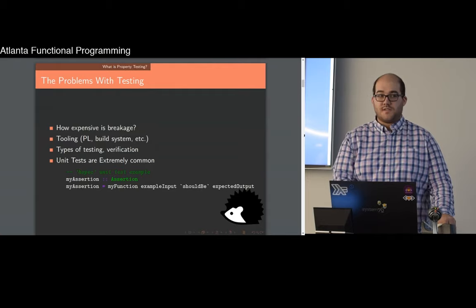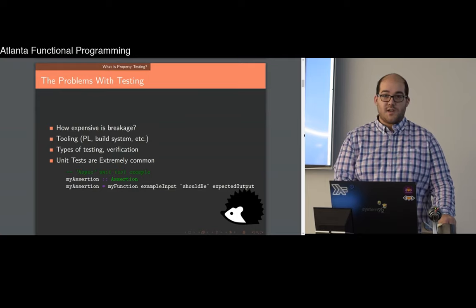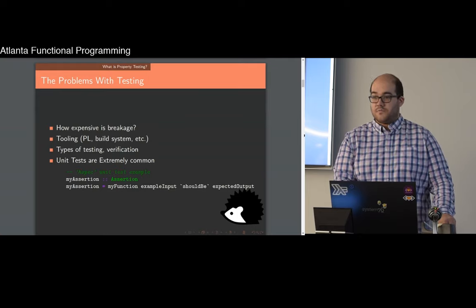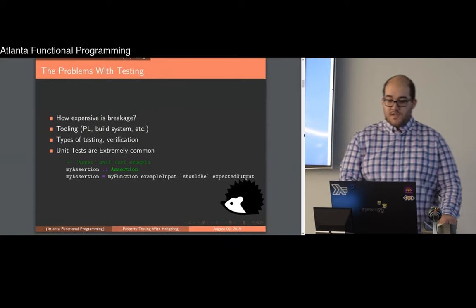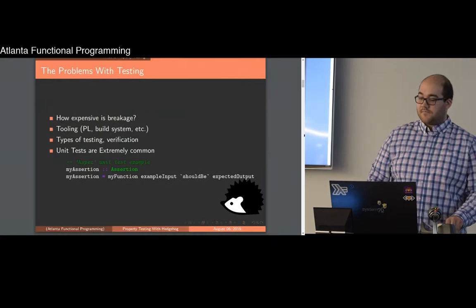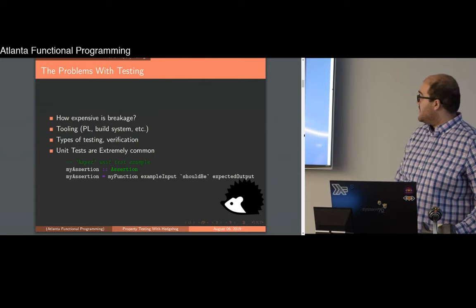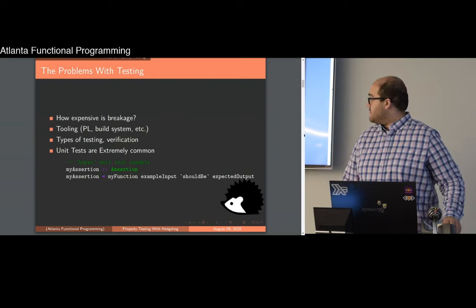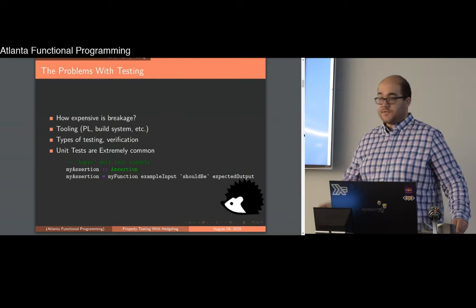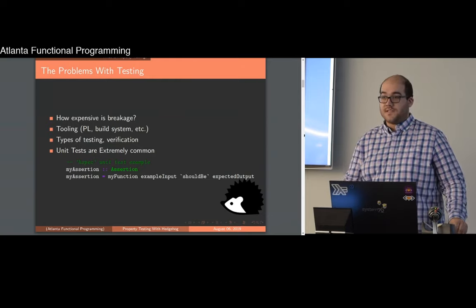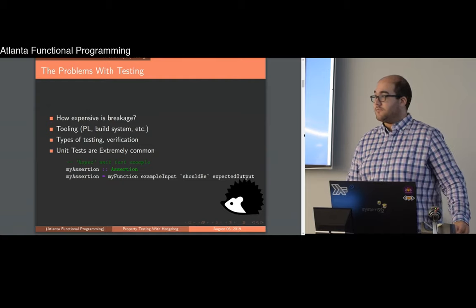If this code breaks, do we lose money? Do we lose developer time, which translates to money? You have to evaluate these things. You also have to think about the proper tooling, the proper programming language and build system that gives your developers the comfort and ease of testing that is effective.